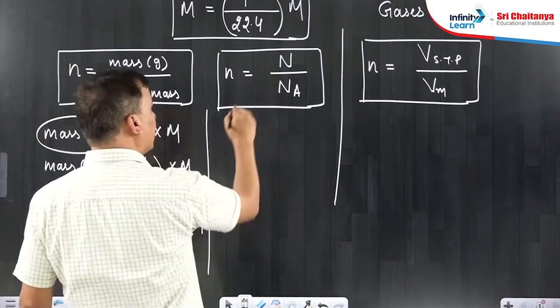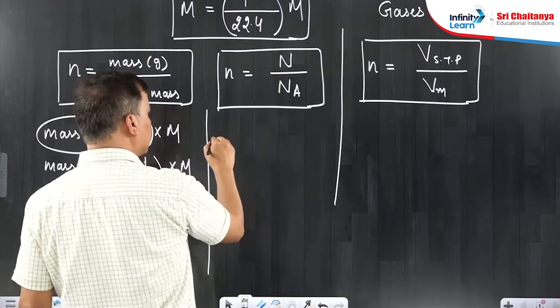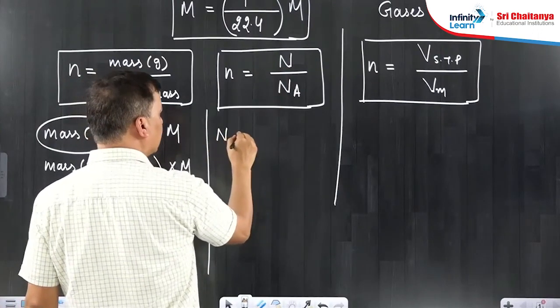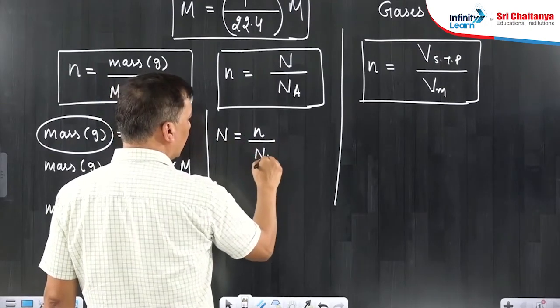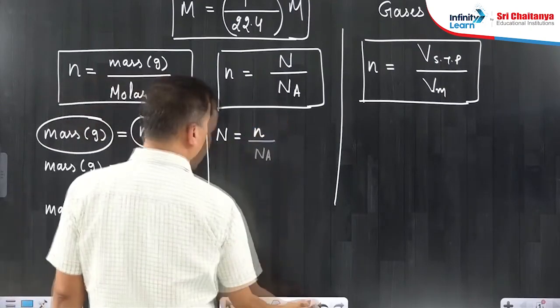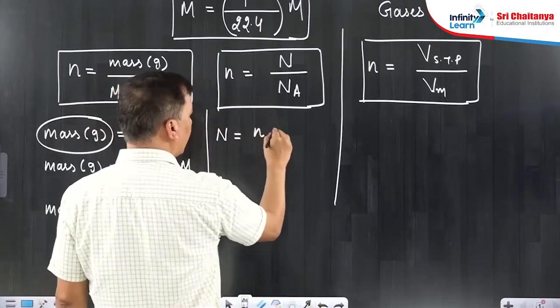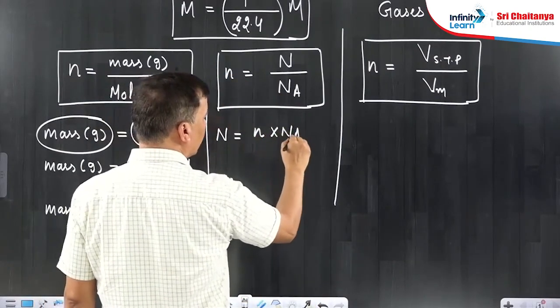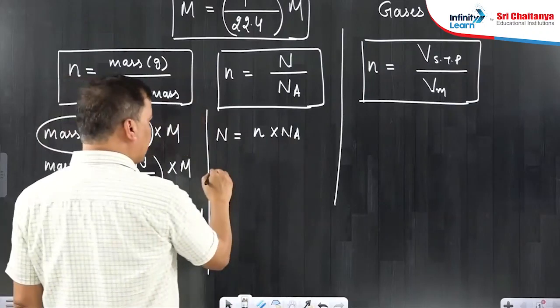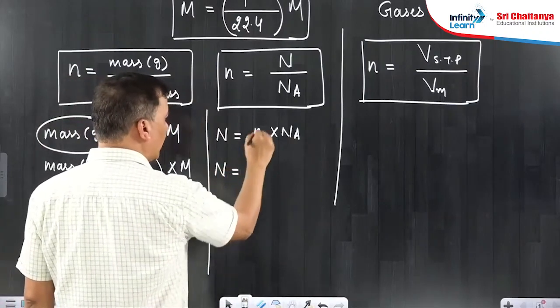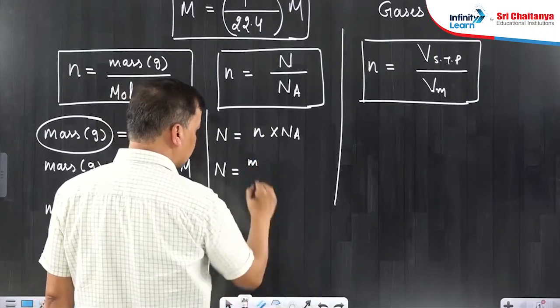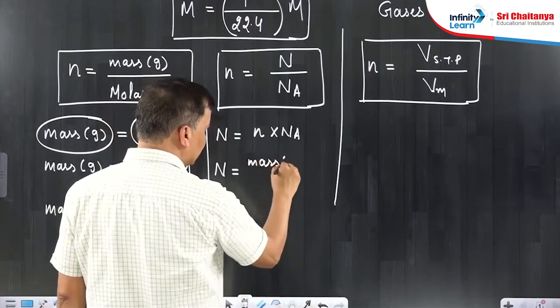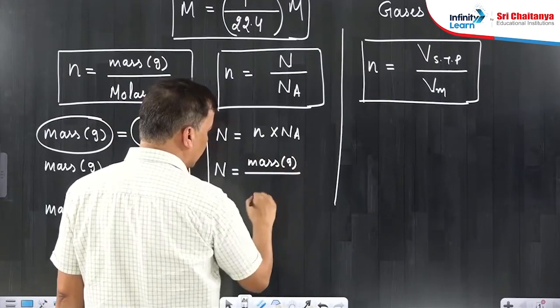In this way, we can find out particles. Here is N. Particles is equal to what? Number of moles into what? Into Na. Now these number of moles we can calculate from mass. Here is mass in grams upon what?